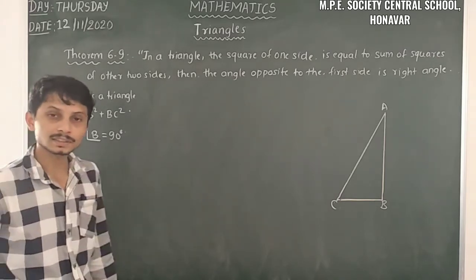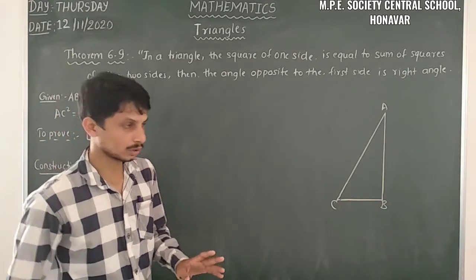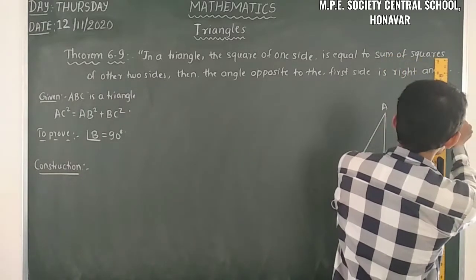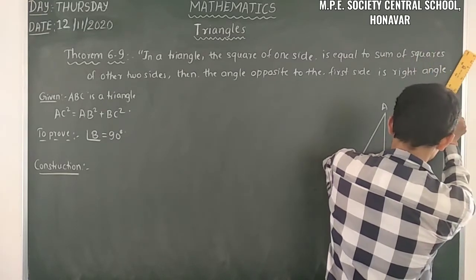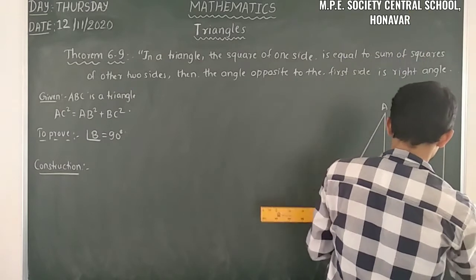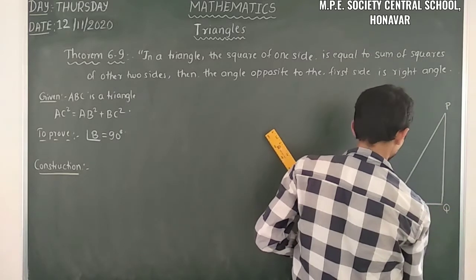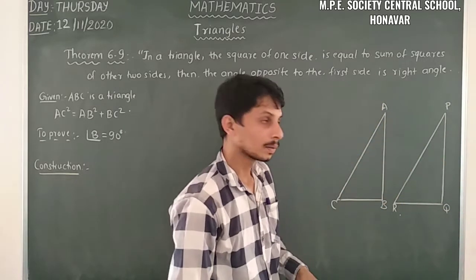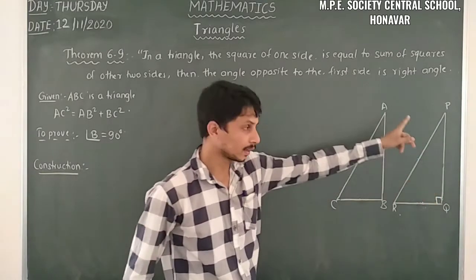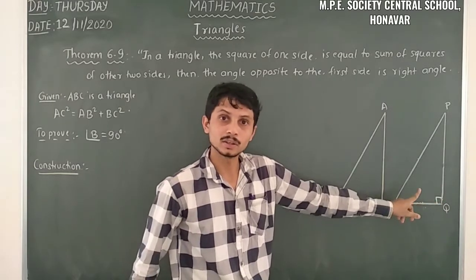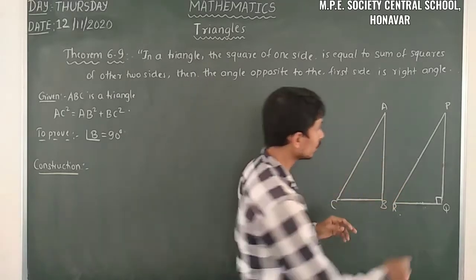What we have to construct is a triangle PQR right angled at Q. So here we have to draw the same identical triangle. So this is the triangle PQR, right angled at Q. And what is the other condition we have to take here?